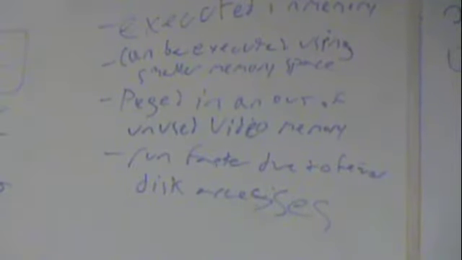One of those is true, the other three are not. For virtual memory systems, large programs, one of those. If they don't run faster due to fewer disk access. I mean, you're not reading disks though.